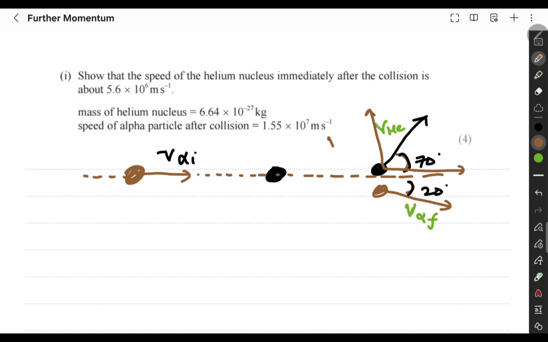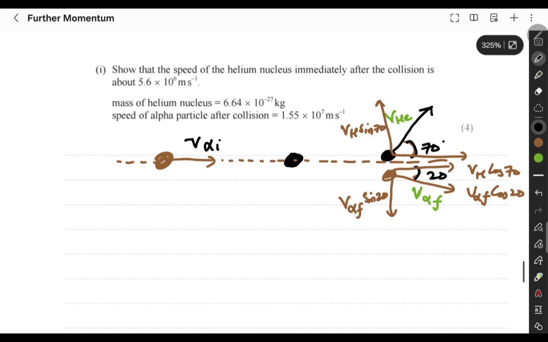I'm going to say VH sine 70, and here also VH cos 70. Same thing here, V alpha F sine 20, and then V alpha F, sine, or no, it's going to be cos 20. So that's all the components. I didn't want to do that later, let's do that now.